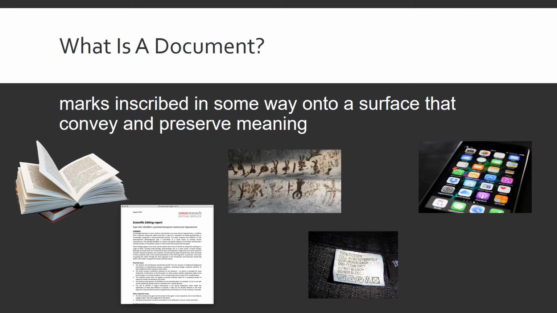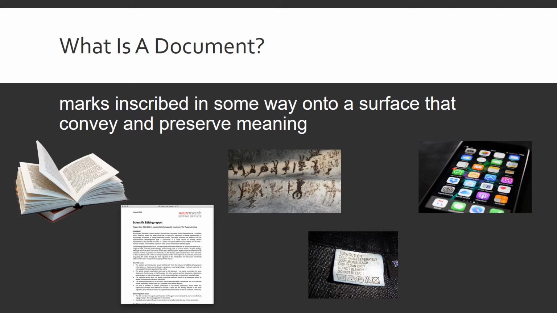And when we get into electronic documents, so to speak, it gets a little tricky, right? In that definitely what we see on a website or on our phone, there are marks that are inscribed onto a surface, and they are meant to convey meaning to us, right? Whether it's pictures or text.